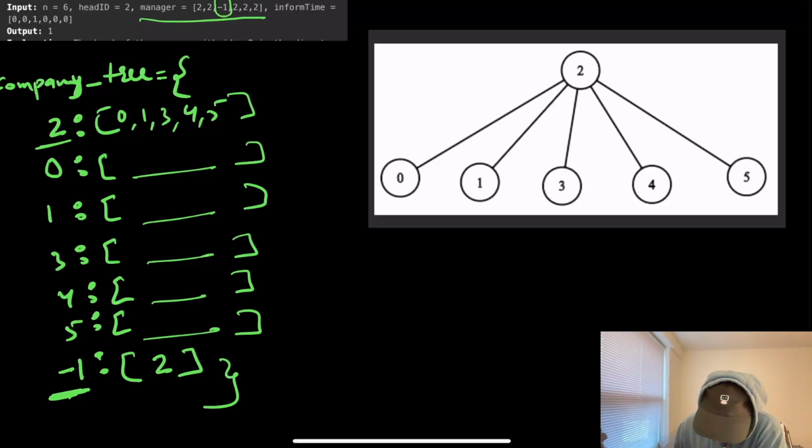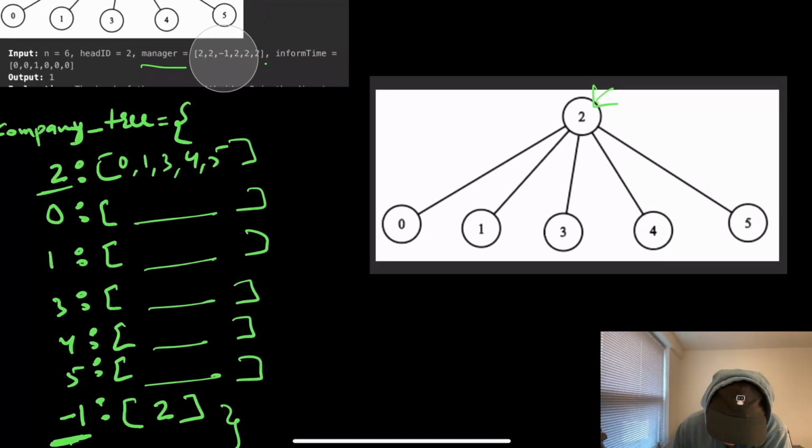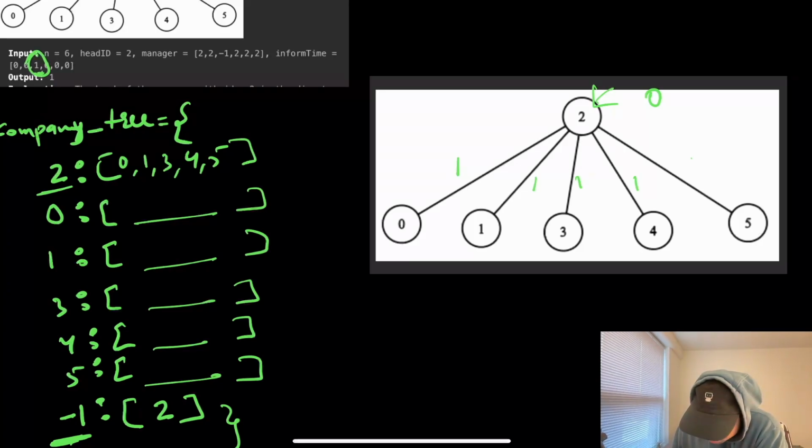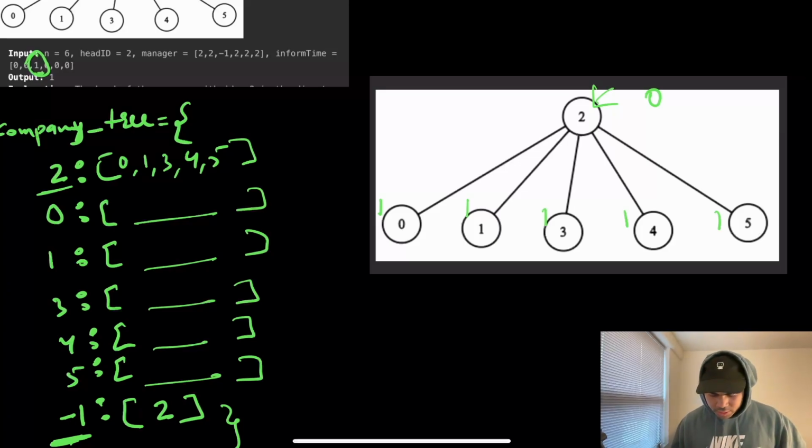We come here, and then we know the time to receive information until 2 is 0, but then 2 takes, which is right over here, 1 minute to basically send information to all these nodes. So once we reach all these nodes over here, we have already taken 1 minute. But then these employees don't have to send information further down, so we just return basically 1.